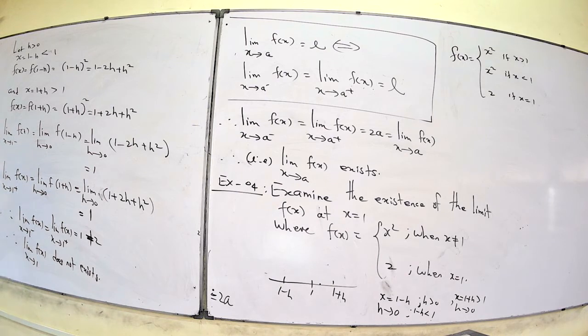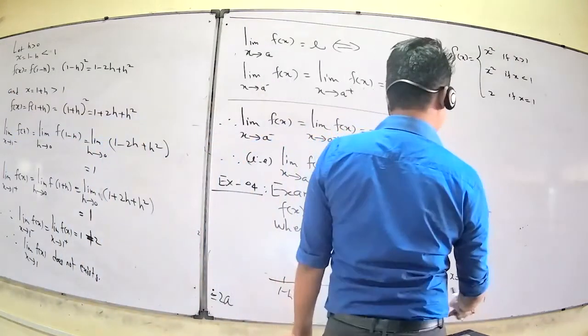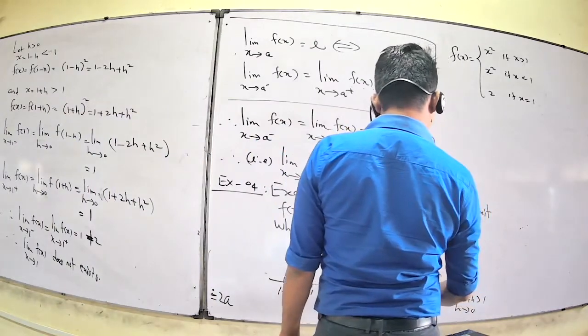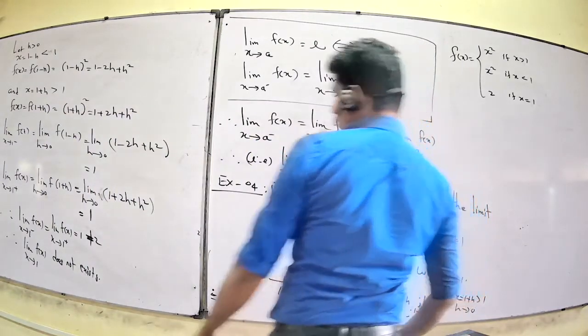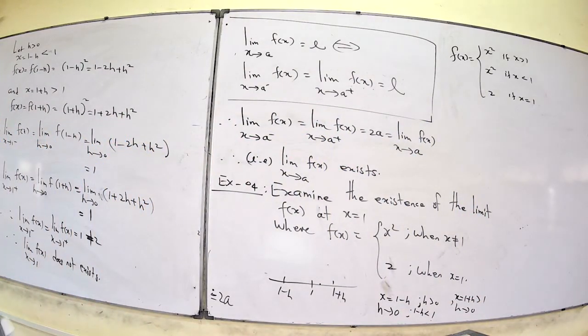If x equals 1, your f of x equals 1, the limit exists, then only you get 1. Now here 2, not equal, the limit does not exist.